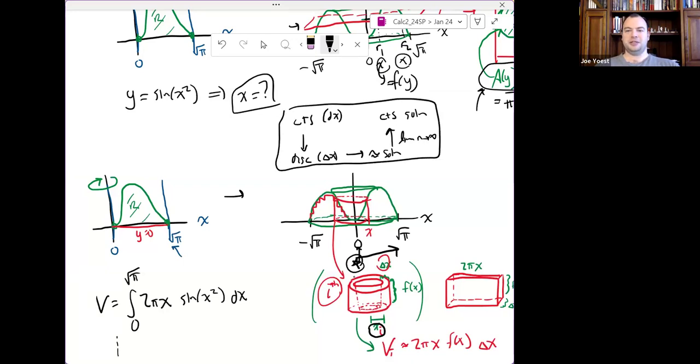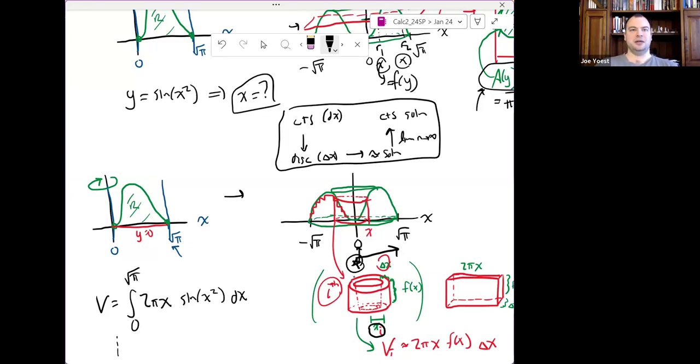This general strategy, if we dig one layer even deeper, this idea of starting with a continuous problem or question, passing to a discrete version, solving it in a discrete version, and then passing back to the continuous side of things with a limit, we'll see this strategy over and over in even different applications throughout Calc 2.